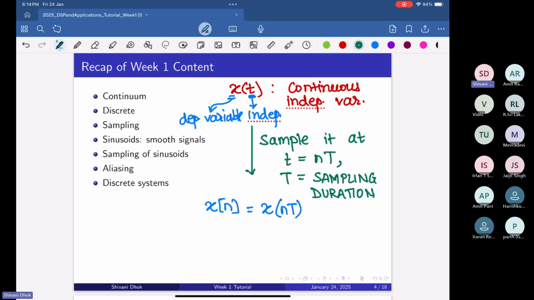Another thing that we need to keep in mind here is, let's say fs is equal to 1 by t. This particular frequency is known as sampling frequency.